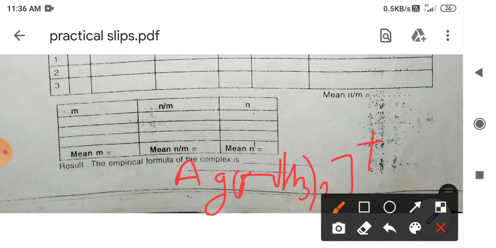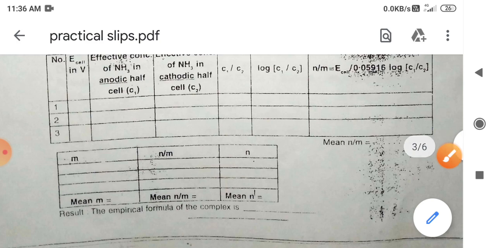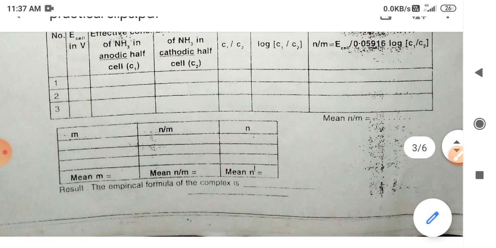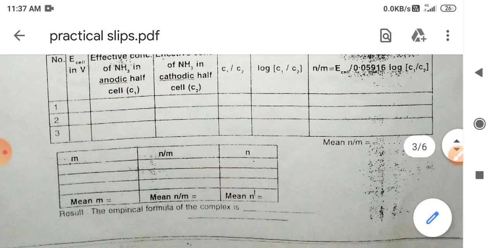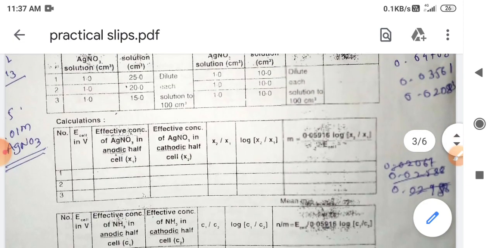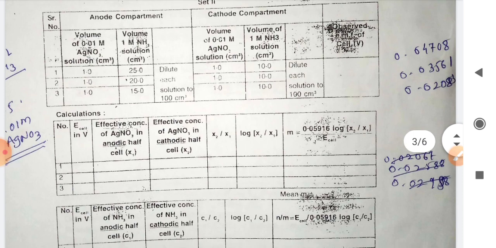By varying the concentrations of silver and ammonia we get certain EMF values, and based upon those EMF values we can find the empirical formula of the silver ammonia complex. So this is the potentiometric experiment to determine the formula for silver ammonia complex.